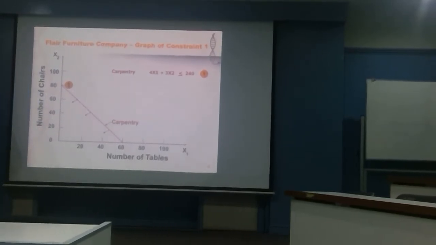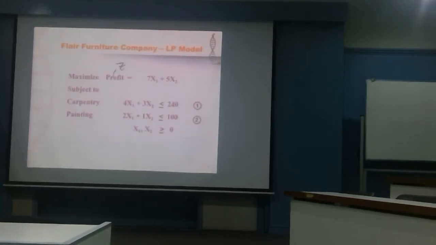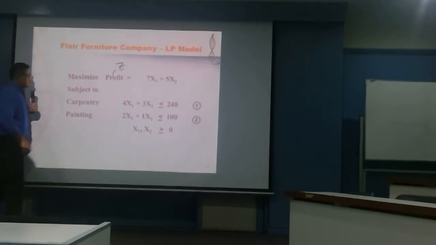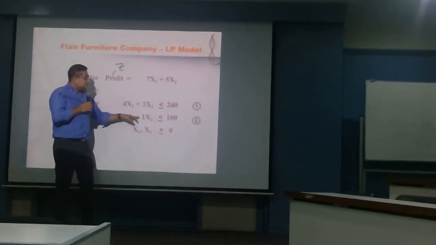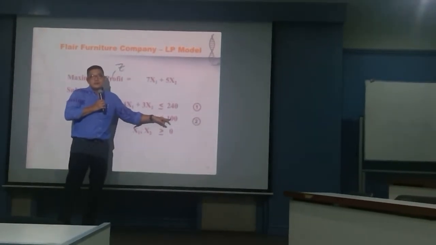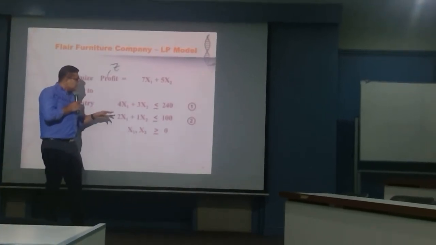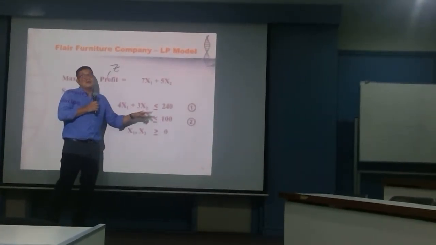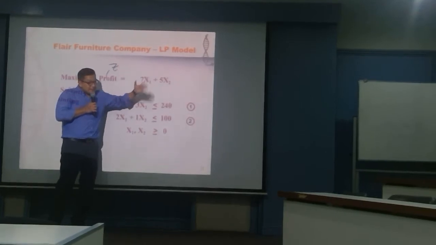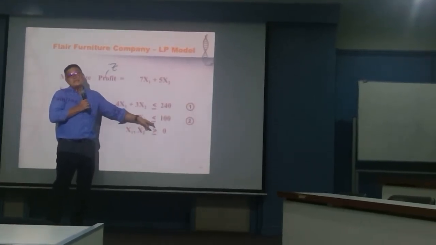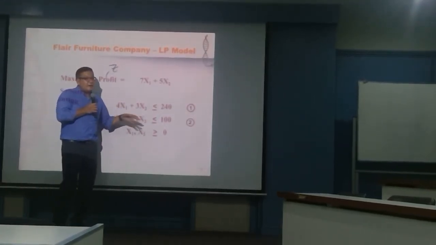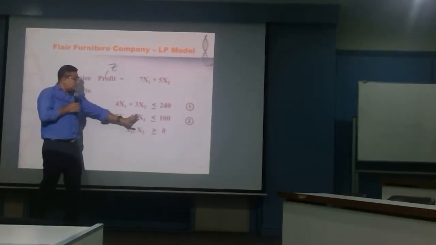How about the second constraint? We're going to do it the same way, right? The second constraint is 2x1 plus 1x2 less than or equal to 100, which means we need to draw the graph of 2x1 plus 1x2 equal to 100 first, and then we shade right below the line because this is less than or equal. We find the x1 intersection, substituting x2 to be 0.